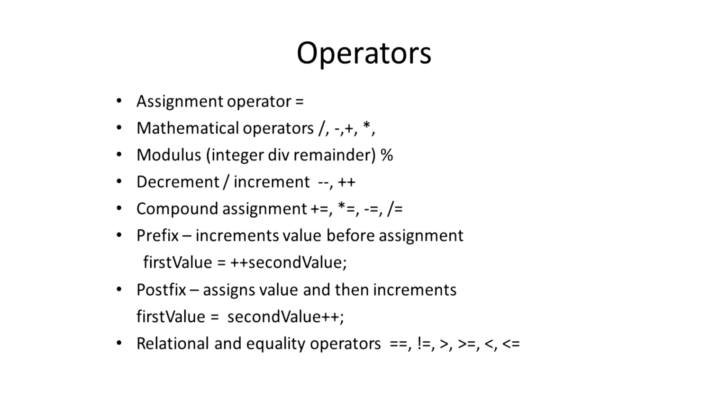And if you have a look at the example given here, you'll see the line first value equals ++second value. That's an example of prefix where you increment the value. Say second value has the value of 5, then 5 will be incremented to 6 and then assigned to first value. It's actually the other way around. You assign the value to first value and then increase that.